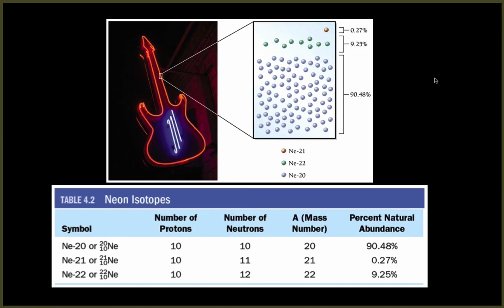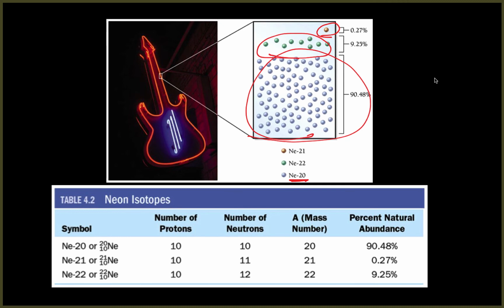So most of a sample of neon is composed of neon-20, but you have a little bit of neon-22 and a tiny bit of neon-21. So when you're doing the calculation for the average atomic mass, usually the average atomic mass reflects the most abundant isotope. We're going to talk about isotopes more in a couple days, but this is just something to keep in the back of your mind.